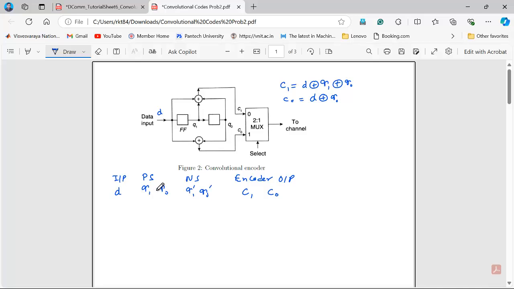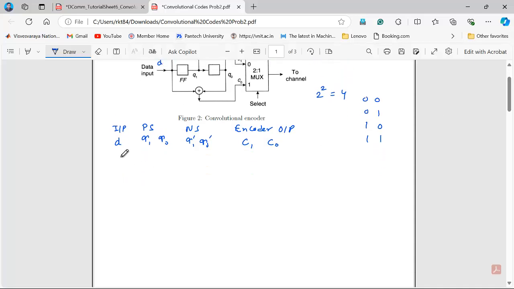Now what are the possible states? Here we have two flip-flops, so the possible number of states, we know, is 4. So 4 states are possible: 0 0, 0 1, 1 0, and 1 1. Input is either 0 or 1, so corresponding to that, we can write input and present state.